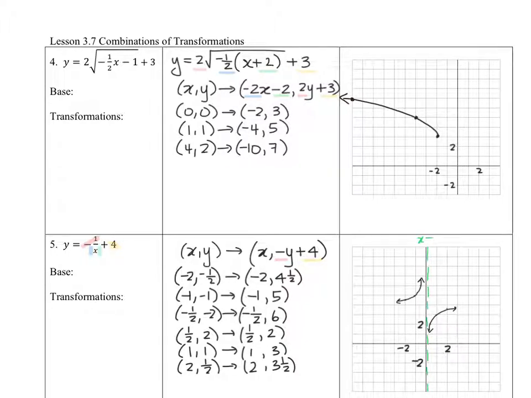So I'm going to dash my line down and write the equation, and then my horizontal asymptote is going to be across y equals 4 because of my translation 4 units up. And that's it. That's my graph of the rational.